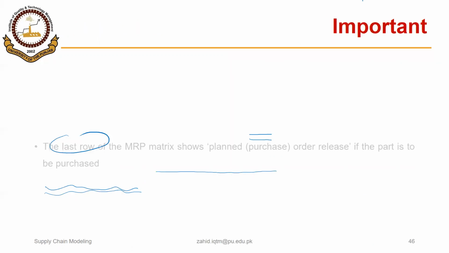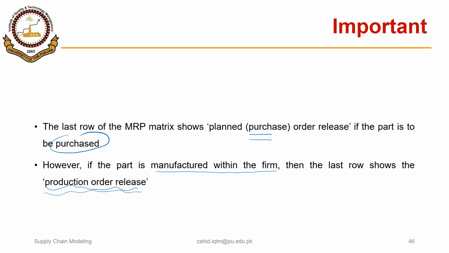But practically, it is difficult to use a time bucket of 1 week or even sometimes 1 day. For example, if the purchase lead time is say 10 days, and you are taking a week equal to 7 days, that is, you are also considering the off days, then 10 days is greater than 1 week and less than 2 weeks.